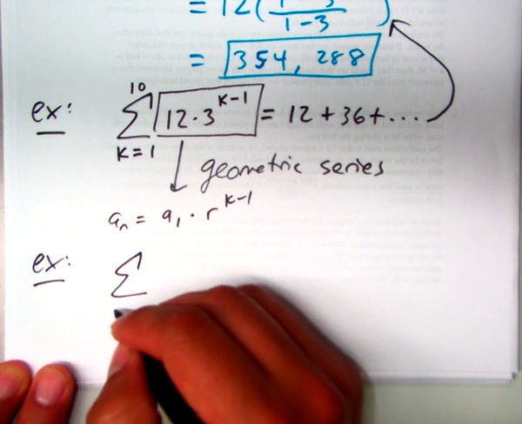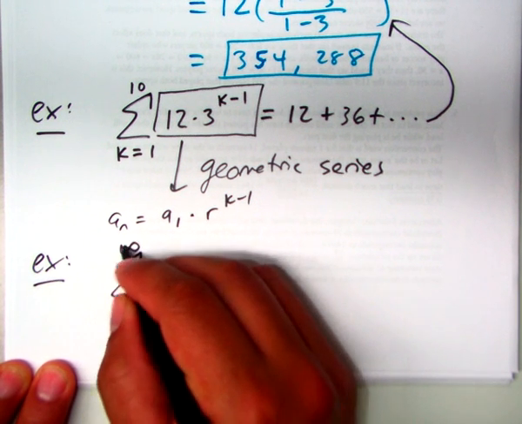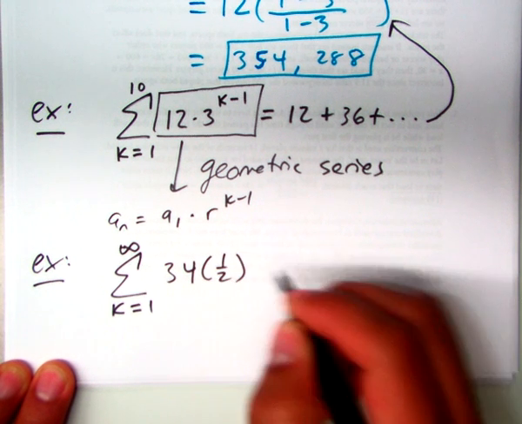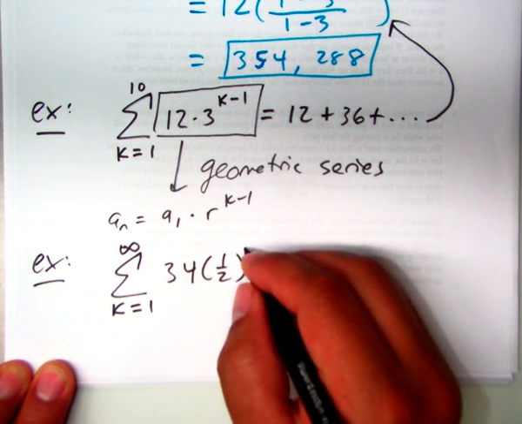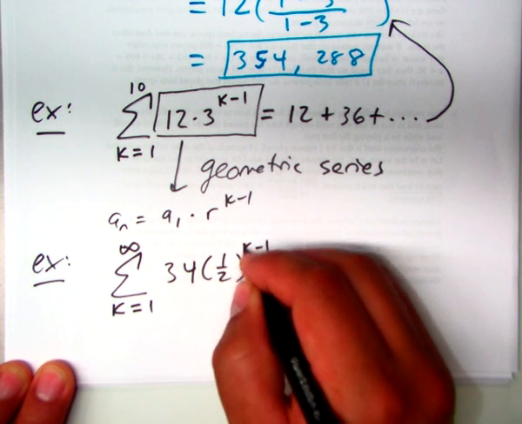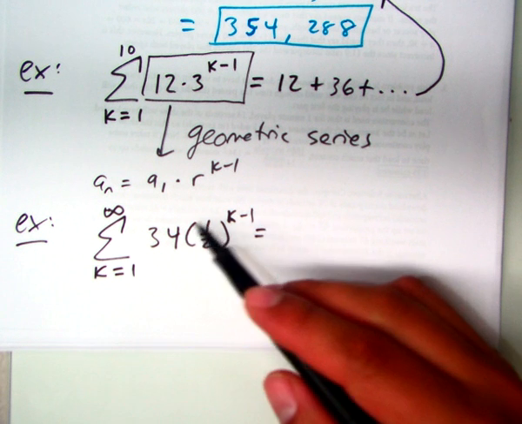Let's say we have the sum from k equals 1 to infinity of 34 times 1/2 to the k minus 1. All right, so again, it's got that pattern that it did before.